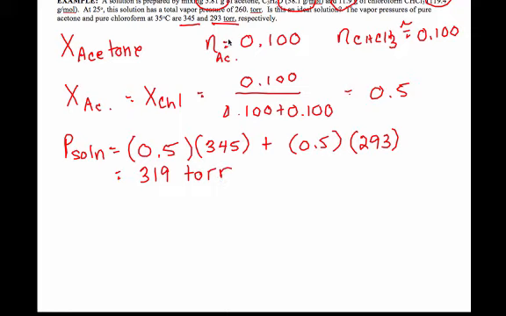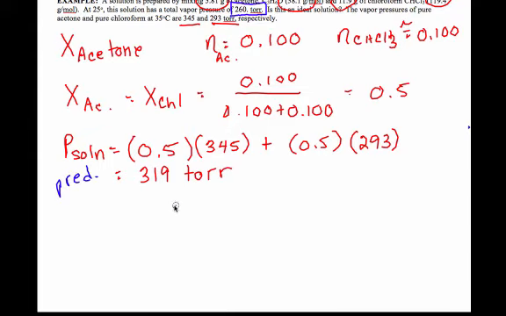Okay? Now, what the problem says, if you read it, it gives us the vapor pressure of the solution. So our true vapor pressure was less than our predicted. So this is what would be predicted if it was ideal.